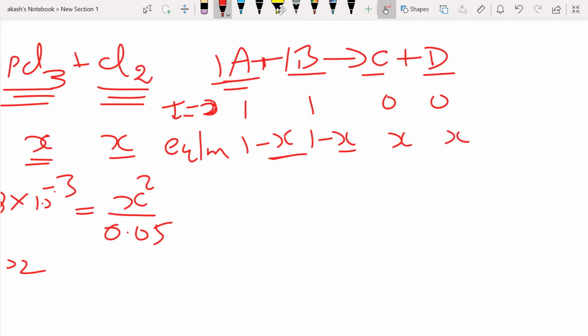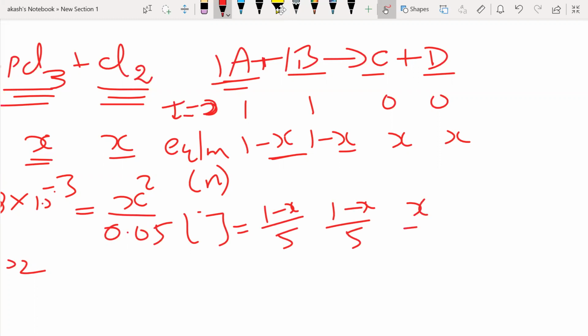So X and X. Now remember, these are numbers of moles, but what I need is the concentration. The volume is given as 5 liters, so it will be 1 minus X divided by 5, 1 minus X divided by 5, X by 5, and X by 5. These are the equilibrium concentration values.